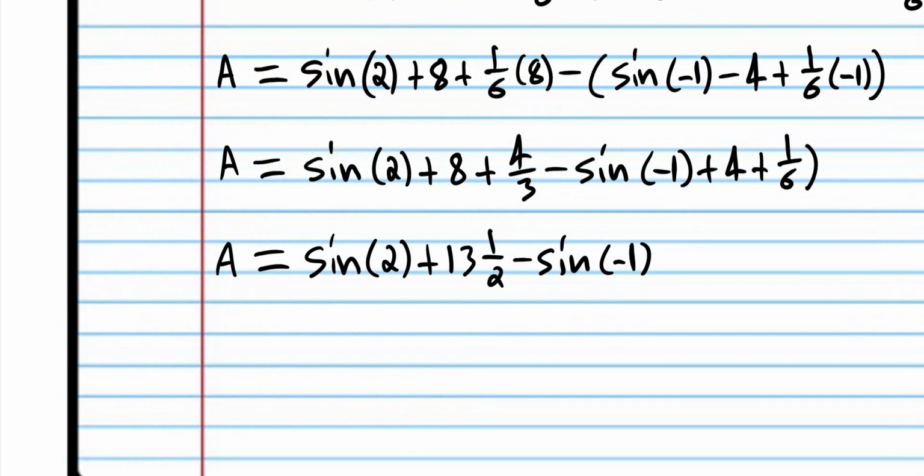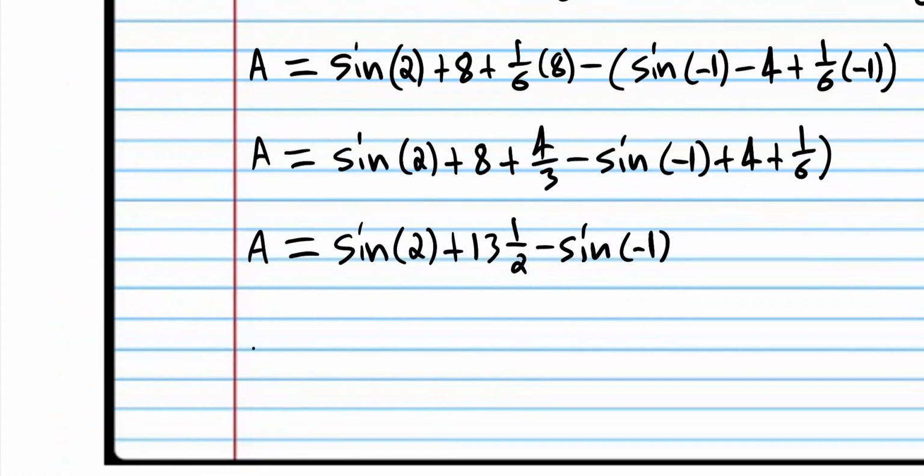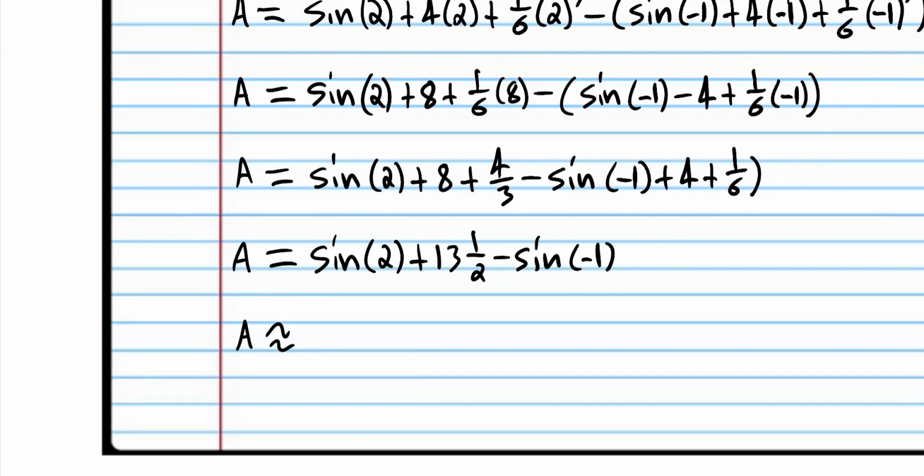So you can leave your answer like this if you want, but when you have such a weird expression, it's probably better to come up with a decimal approximation. But you need to make sure that your calculator is in radian mode. It's so common for students to try to calculate something like this, and they don't realize that these blue numbers are not degrees, they're radians.